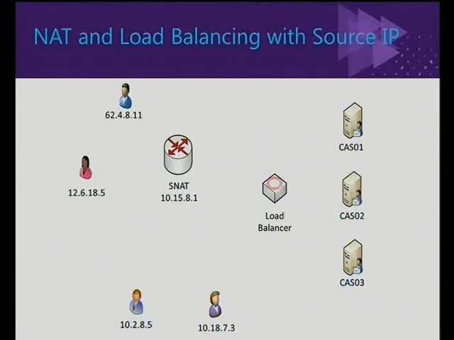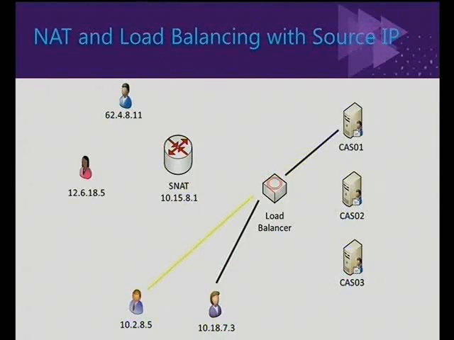We've mentioned a couple times this concept of NAT and how NAT can cause a problem with source IP-based persistence. So source IP-based persistence says request comes in from a client, 7.3 in this case, hits the load balancer. Load balancer then goes through an algorithm. It picks a CAS server in the array. Let's say that it's round robin, the simplest version, right? Round robin says go ahead and pick the first CAS server.